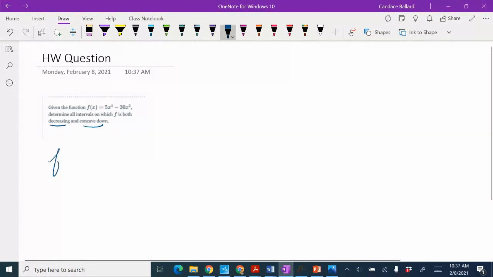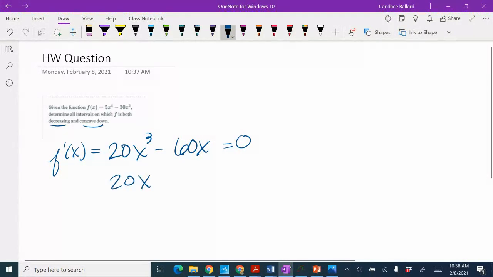second derivative critical values. I'm going to start by taking my first derivative, which would be 20x cubed minus 60x. I'm going to set that equal to 0. I am going to factor out a 20x, and I would be left with x squared minus 3 equals 0.